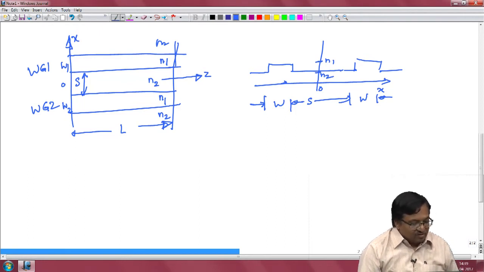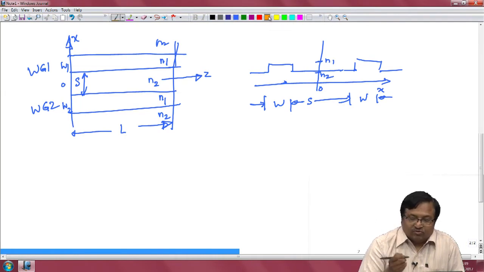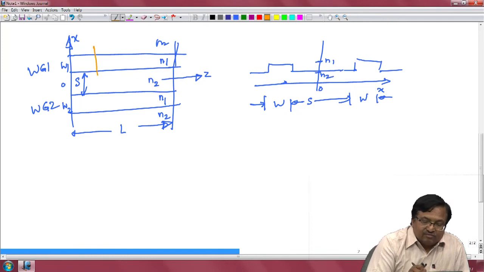So, in the scalar approach, we express the mode field as a superposition of the individual waveguide modes as follows. So, it is assumed that the individual waveguide modes are known. So, we can say that the individual waveguides have their mode fields known, because we can solve them as we have done earlier.